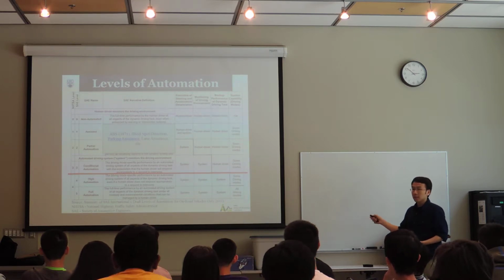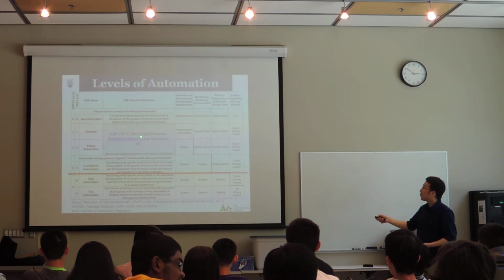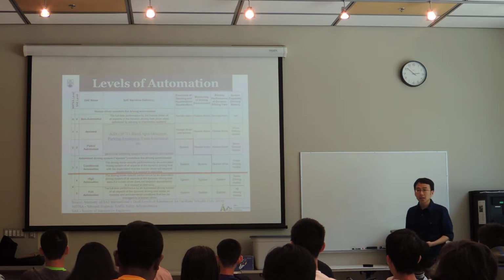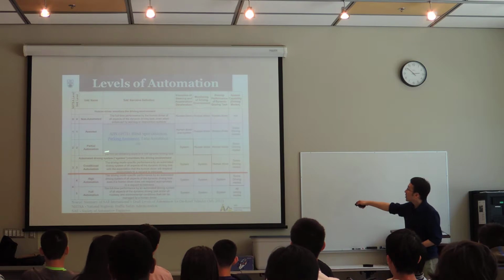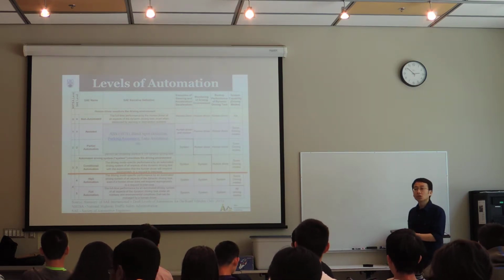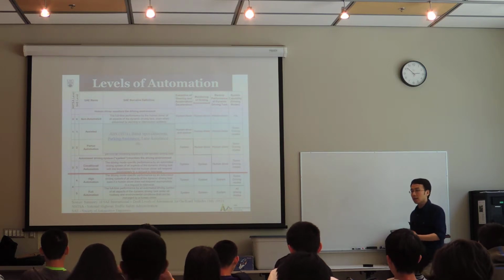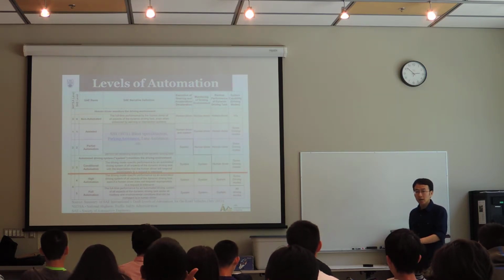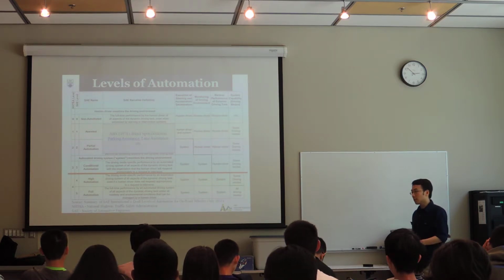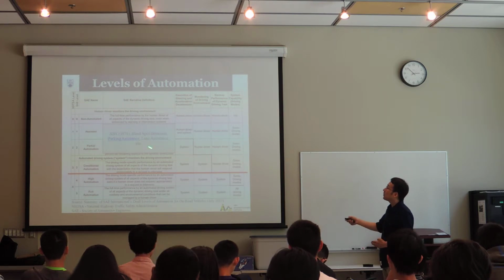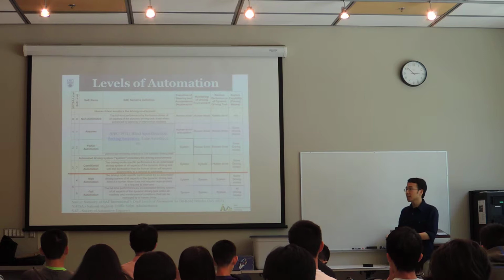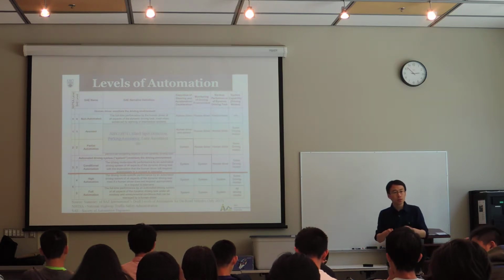And in today's luxury cars, they have blind spot detection, parking assistance, lane assistance, and the like. But up to this level, it is still only a half-automated car, because we still need a human driver to give instructions to the car. The car can't do anything by itself. It can just give us some warning so that we can judge, oh, this is a dangerous situation, we need to do something.